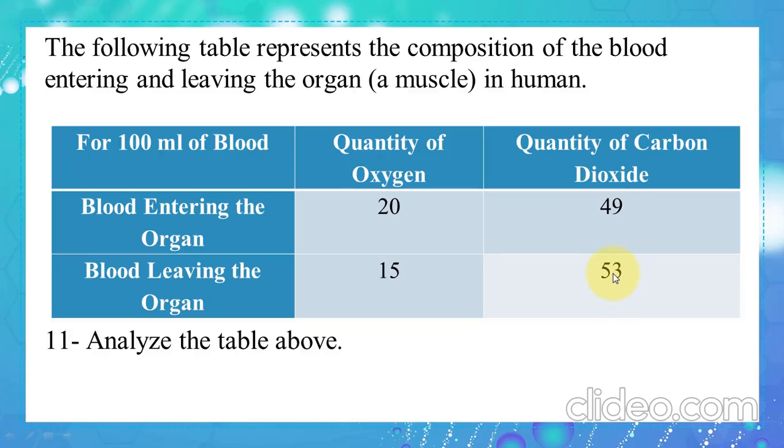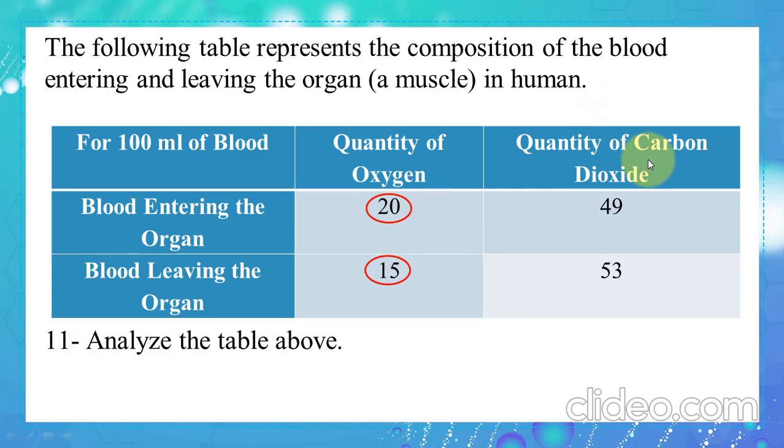So what is the quantity of oxygen gas in the blood entering the organ? It is 20. How much does it become in the blood leaving the organ? It becomes 15. So how does it vary? Does it increase, decrease, or remain constant? It decreases.